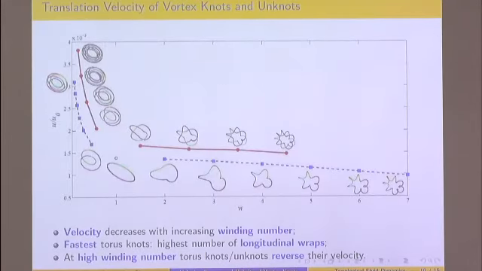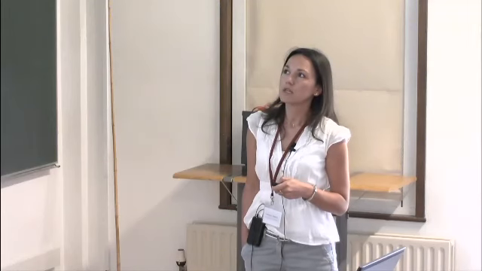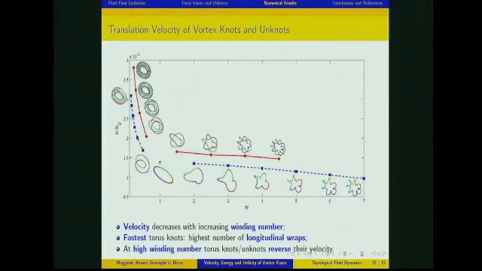First of all, we will investigate the translation velocity under the Biot-Savart law. We can see that again the velocity is compared with respect to the vortex ring. The red lines refer again to torus knots, and the blue ones refer to torus unknots.